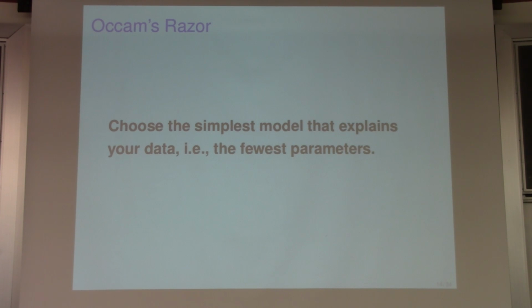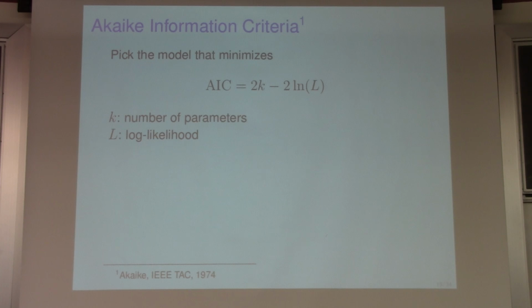But this is the other thing, that you have all these variables, but you want to be able to choose the simplest model which explains your data. That's the principle of Occam's razor. But at the same time, you don't want it to be too simple. There should be a balance, and your model should be able to select that. There are various ways to do that.